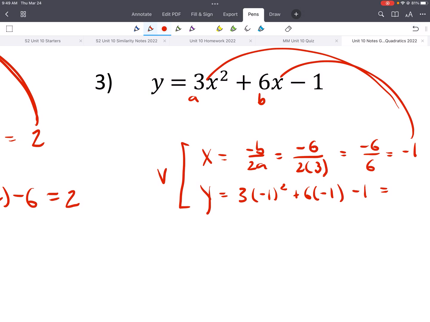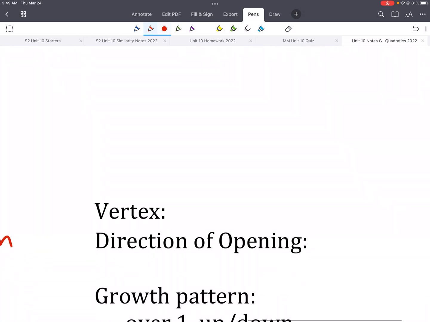So remember, we would square that first. So negative 1 times negative 1 is 1, and 1 times 3 is 3, minus 6 minus 1. So I think here we end up getting, what, negative 4? Okay, so that's our vertex, -1, -4.